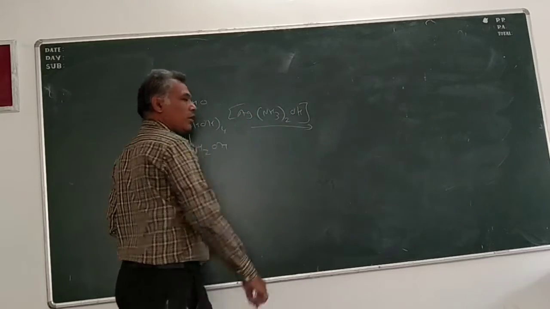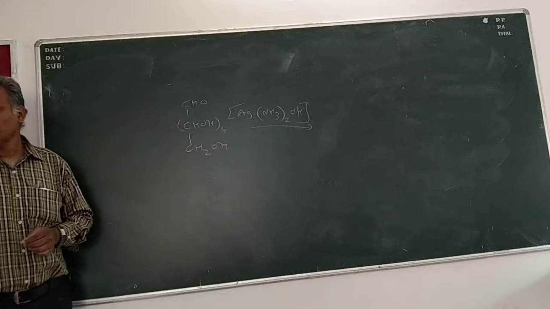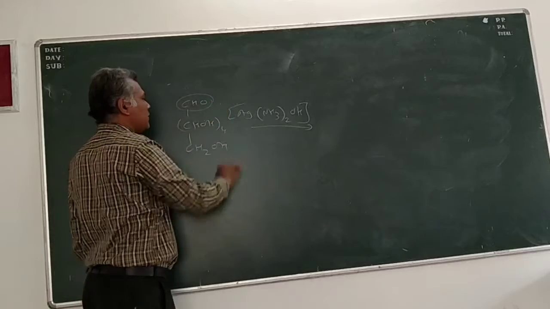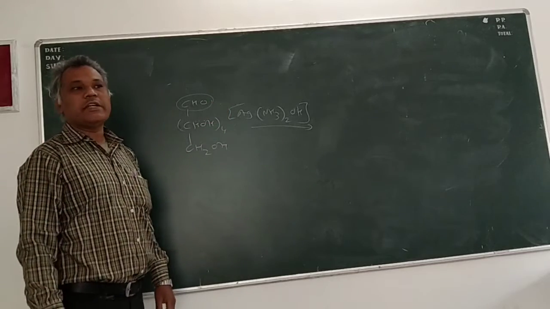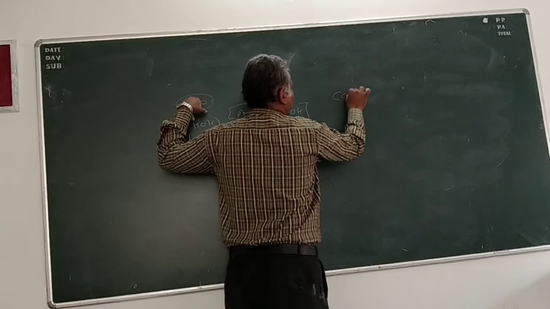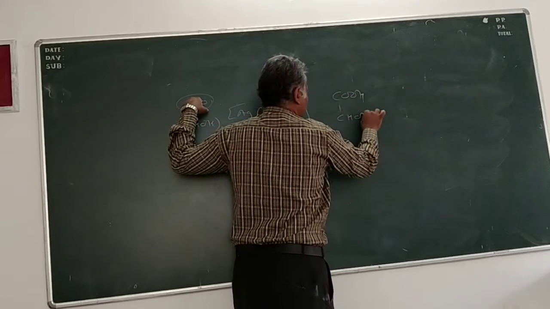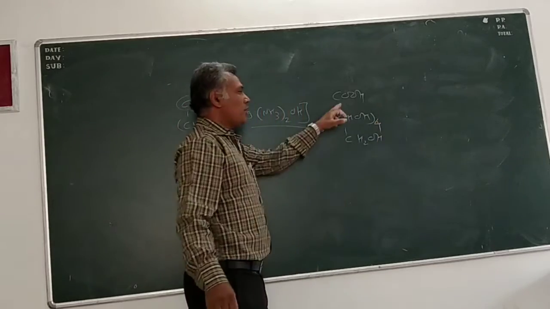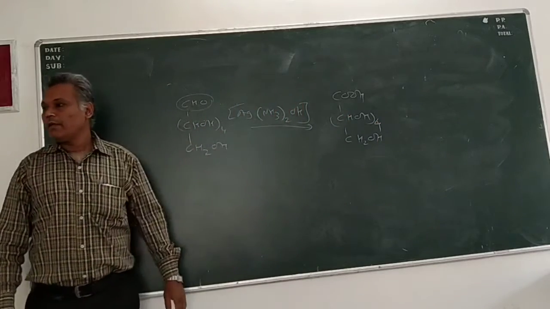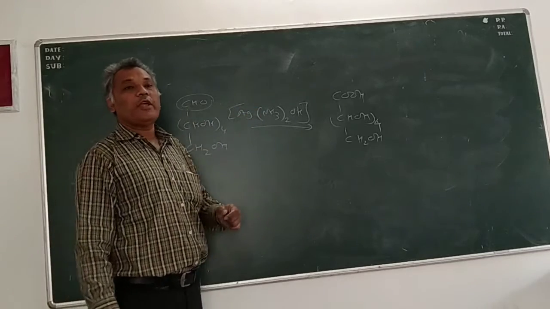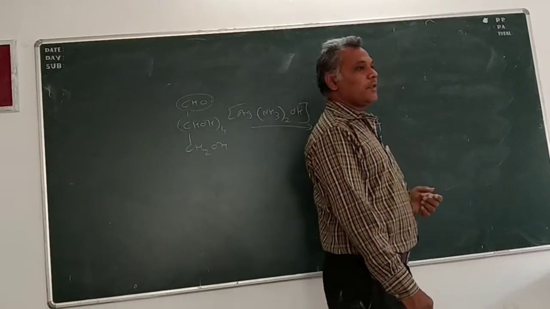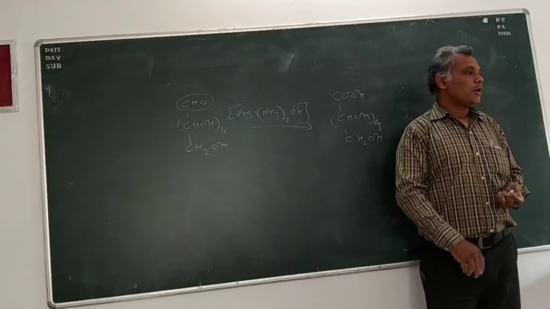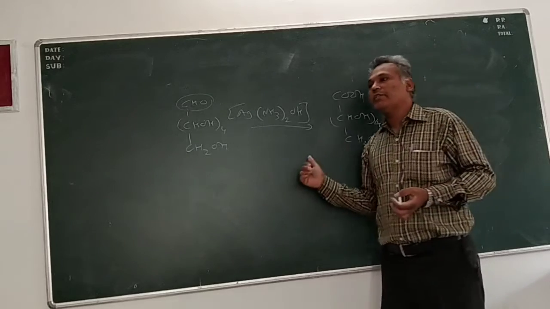This is your Tollens reagent. What will it do? It will convert this CHO group into COOH. This Tollens reagent is a weak oxidizing agent, which only converts aldehyde into carboxylic acid. So it gives the Tollens test.